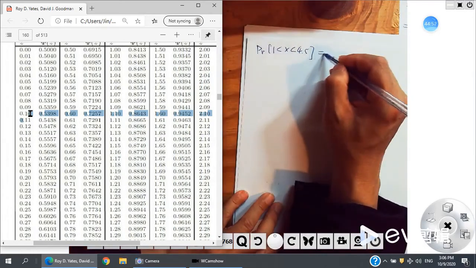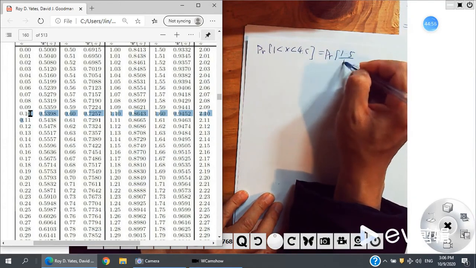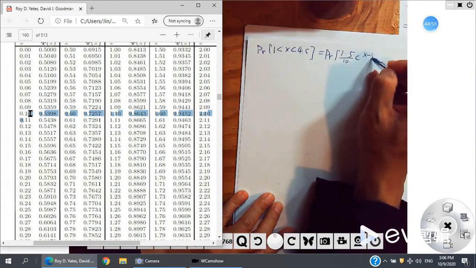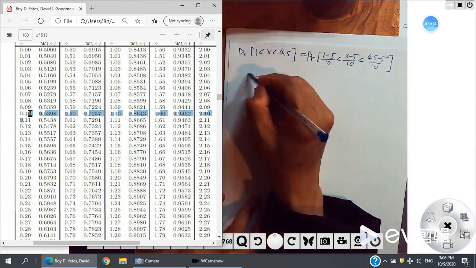This will be the probability of (1 minus 5)/10 smaller than Z smaller than (4 minus 5)/10, or (5 minus 5)/10.